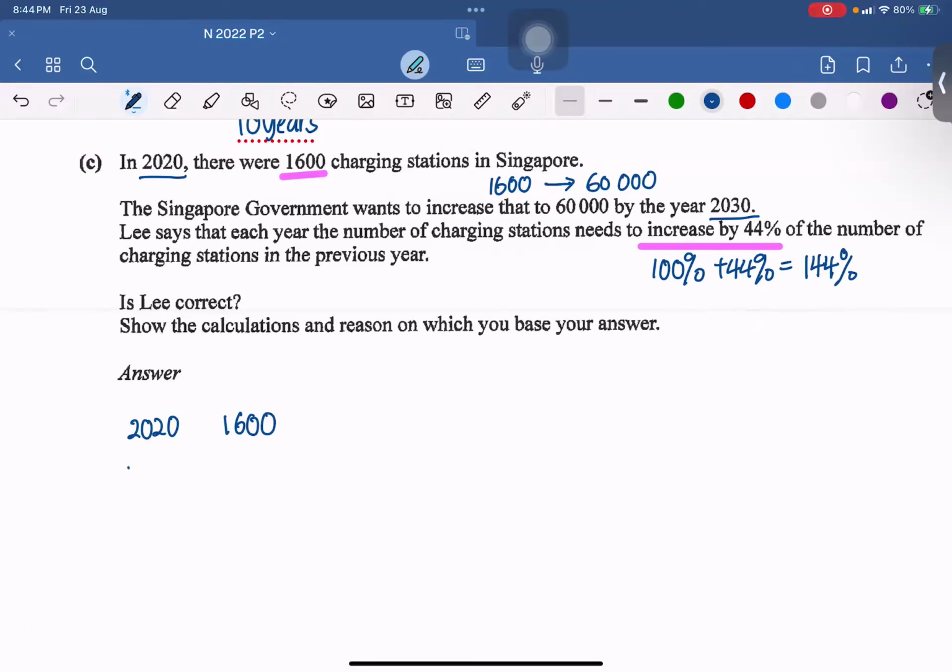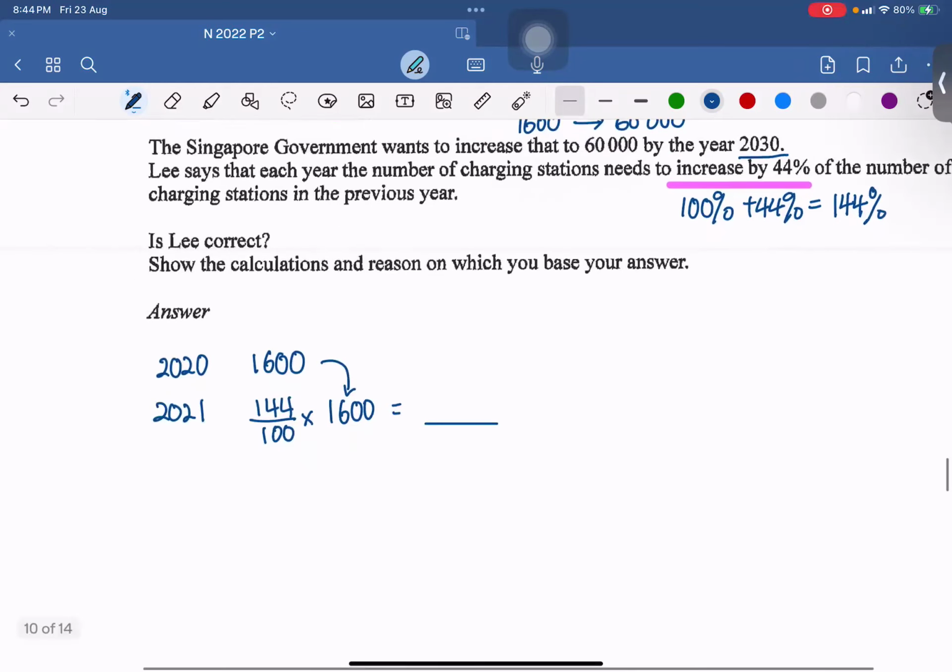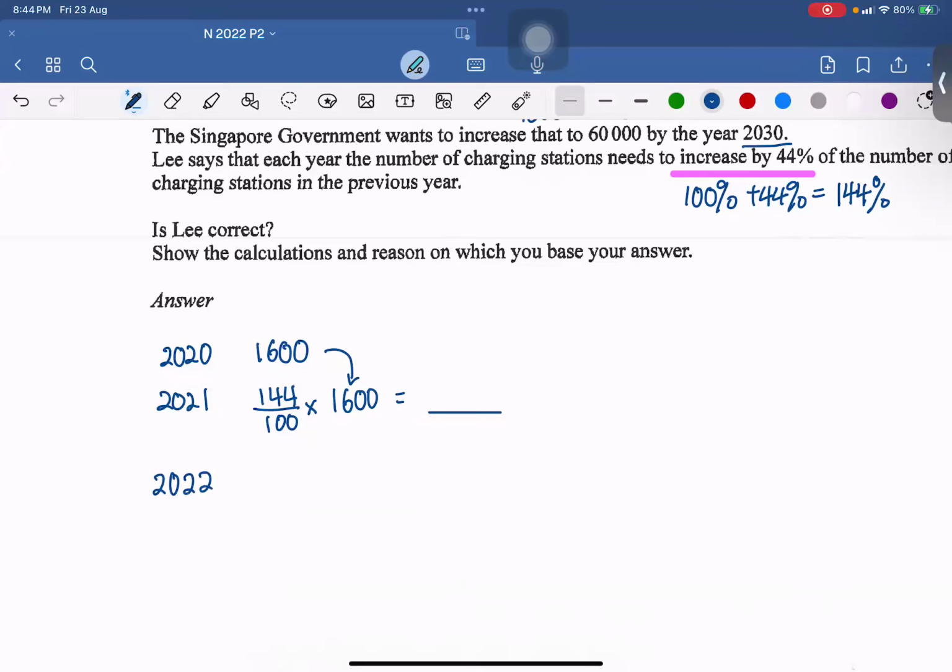Okay, year 2021, I will need to take 144% of my previous year number equals to something. I roughly plan out my working first. I don't care what is the something. In my next year, 2022, again, I need 144% times my previous year answer. What was my previous year answer? My previous year answer came from here.